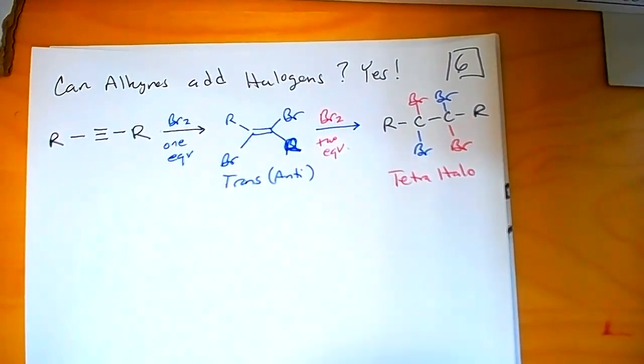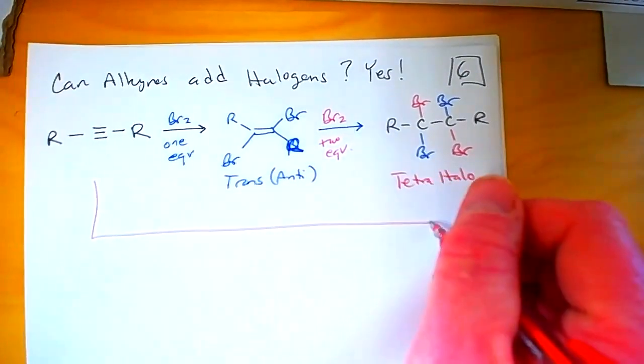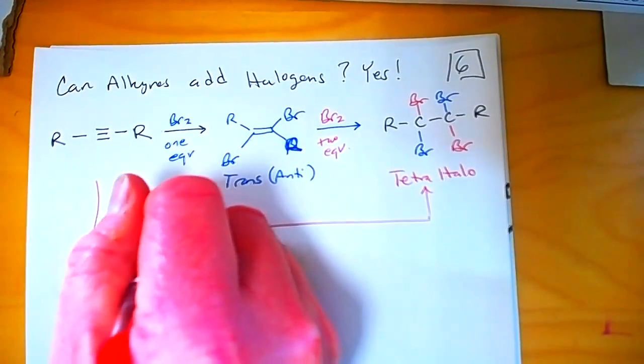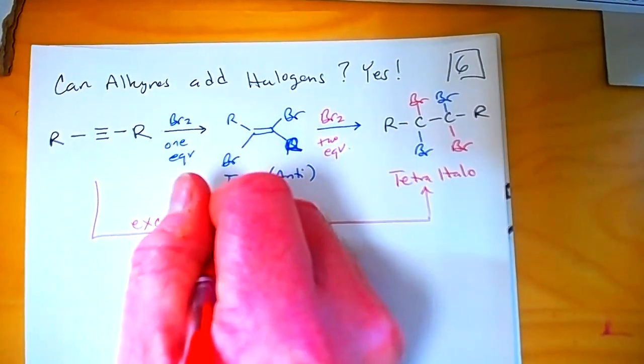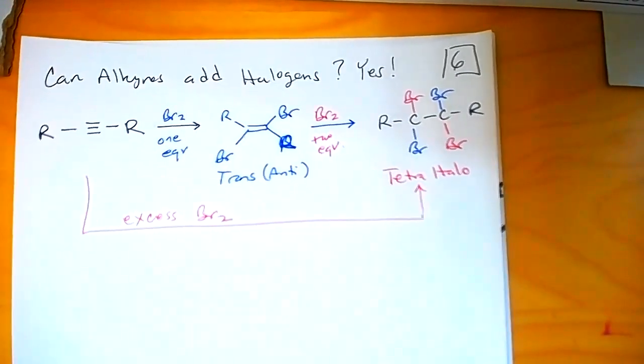So if you wanted to get directly to over here, all you would need to do is to use excess halogen, or Br2 in this case.